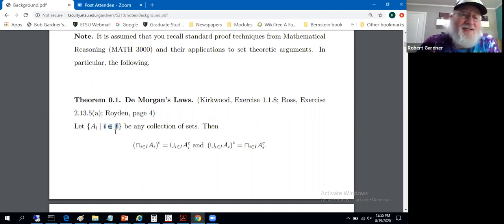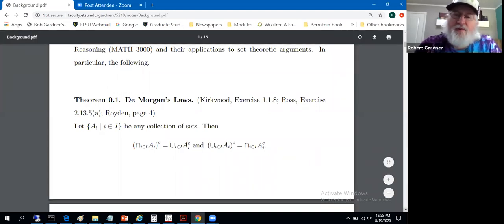However many indices, that's how many sets there are. With the emphasis going on the fact that this need not be a finite collection of sets. It need not be a countable collection of sets even. We'll talk about cardinalities around the end of this blast of material that we're going through now. But arbitrary intersections and arbitrary unions is what De Morgan's laws deal with.